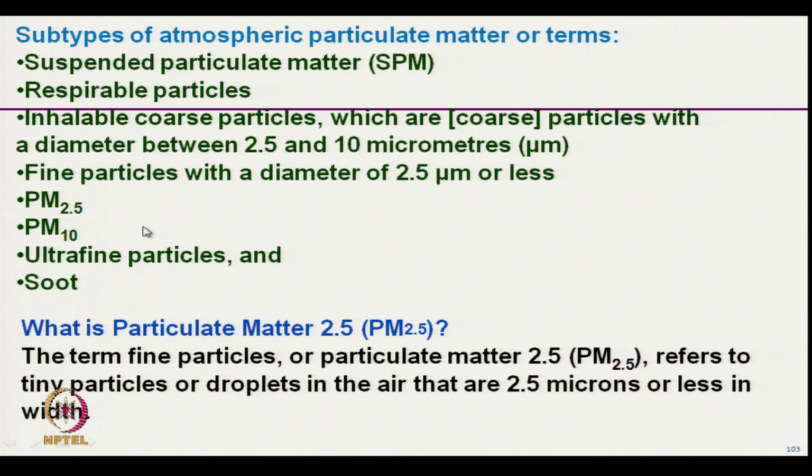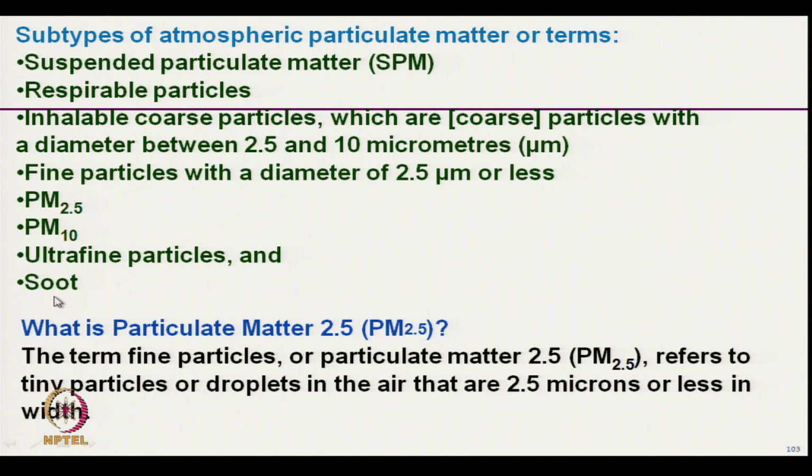So, we can express in terms of PM 2.5, the quantity of particles present in the atmosphere with size 2.5 micron or less. PM 10 means particulate matter with size 10 micron or less. There are also ultrafine particles and soot, different types of particles.